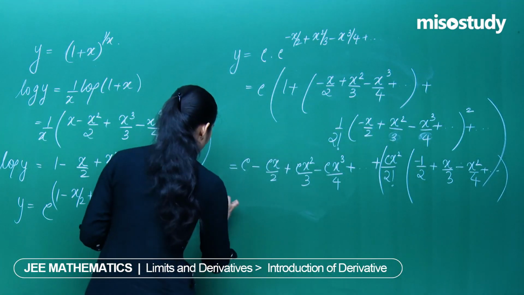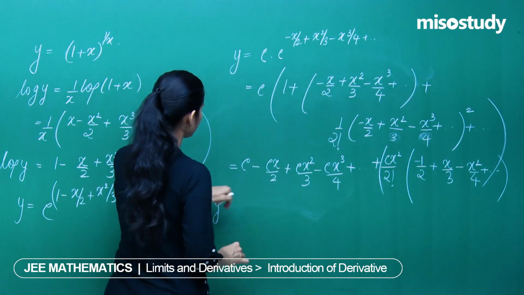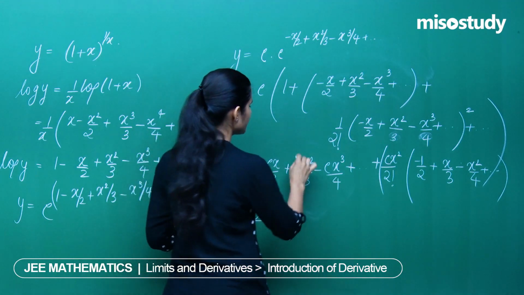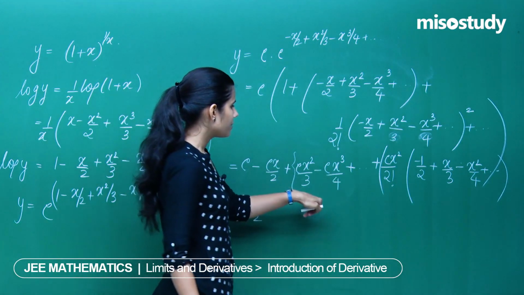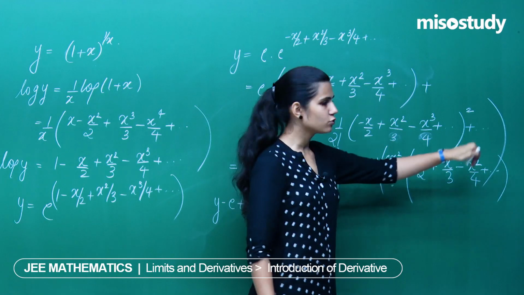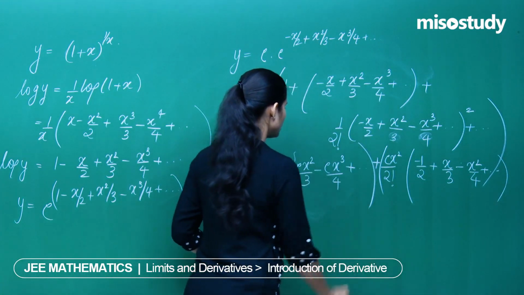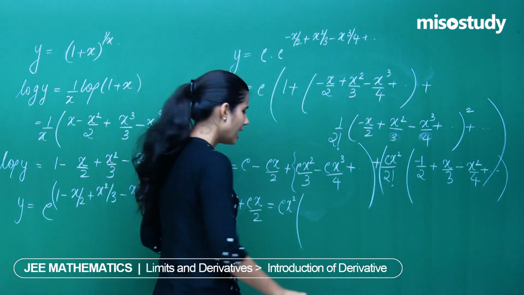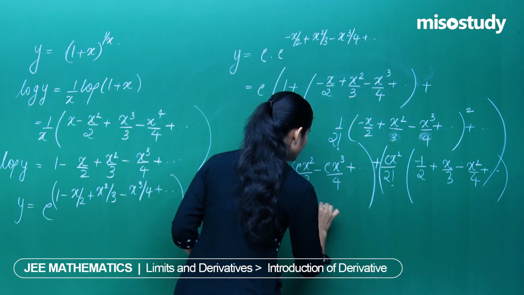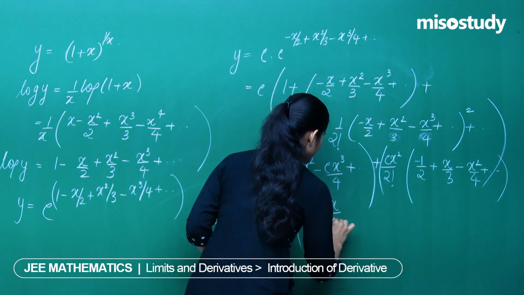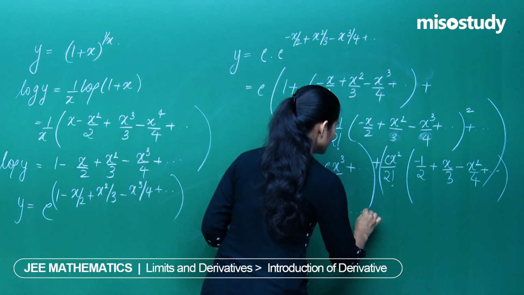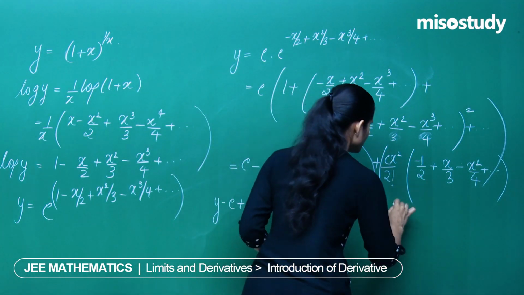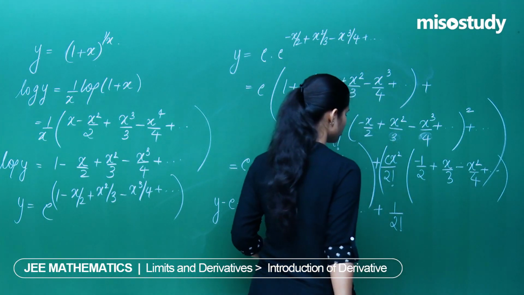Now you can see I can write this as y minus e plus ex by 2 equals, from here you are left with ex square by 3 and so on, then again ex square by 2 factorial into all of this. So I can see that ex square is coming out common. I am left with 1 by 3 minus x by 4 and so on, plus also I am left with ex square common, so I am left with 1 by 2 factorial.